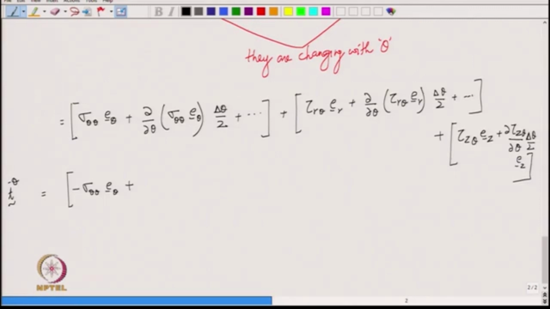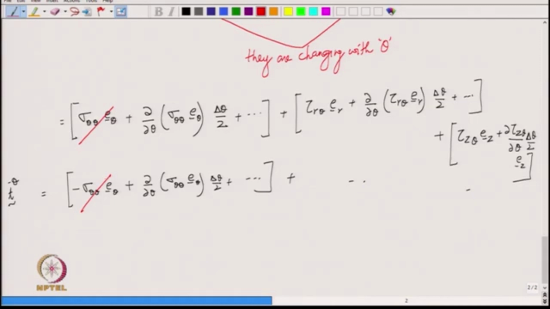So, minus minus becomes plus. So, this is plus del by del theta of sigma theta theta E theta into delta theta by 2 plus dot dot dot, right. Likewise, you can think of the other terms here, and notice again when you add, these are cancelling.